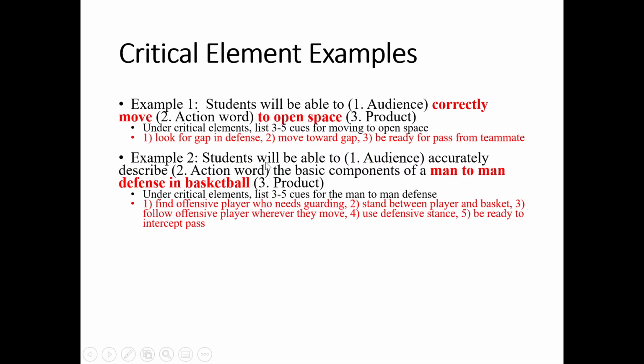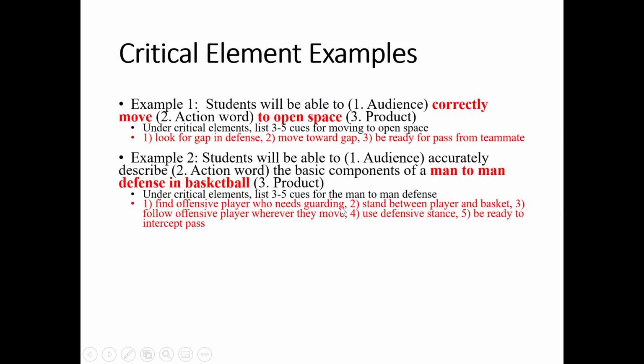So example 2 was our cognitive. Students would be able to accurately describe the basic components of a man-to-man defense in basketball. If I wanted students to describe man-to-man defense in basketball, perhaps I would make them either tell me or tell a partner, or maybe they needed to write those responses down on an exit slip or a piece of paper before they leave class so that I know that they learned. But the critical elements, so again, how to use man-to-man defense in basketball, I have them listed here.